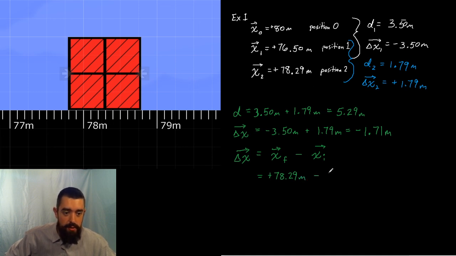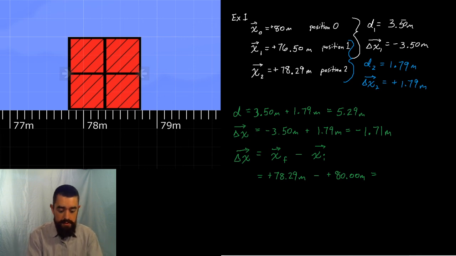And position 0 was positive 80.00 meters. So I'll do 78.29 minus 80, and I get negative 1.71 meters. So it's the same. I got the same displacement using the two different methods, and it's negative 1.71.